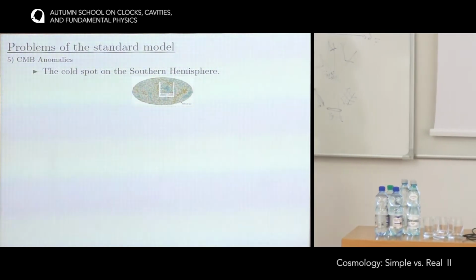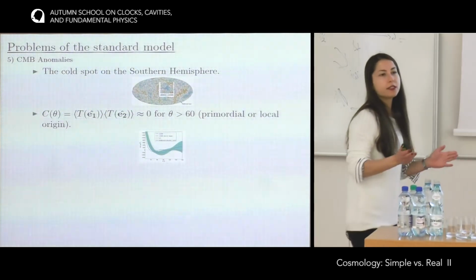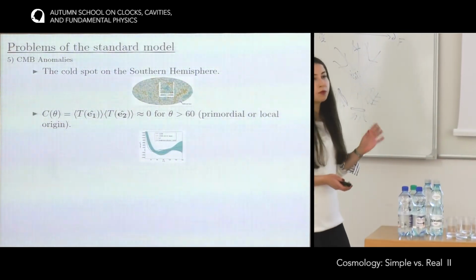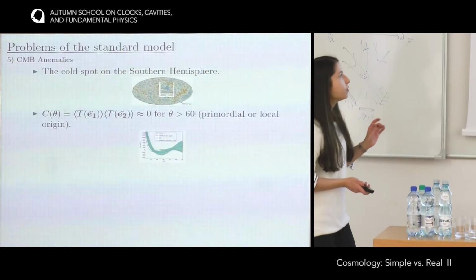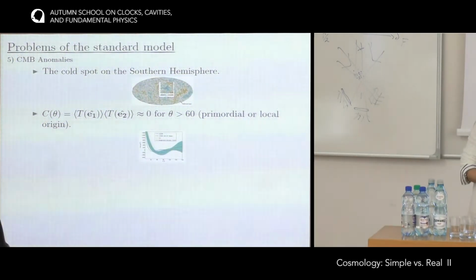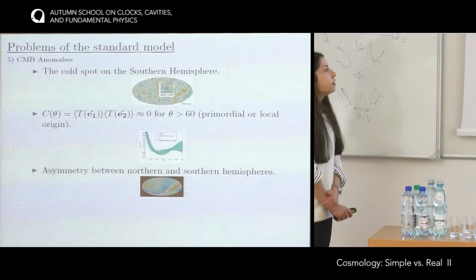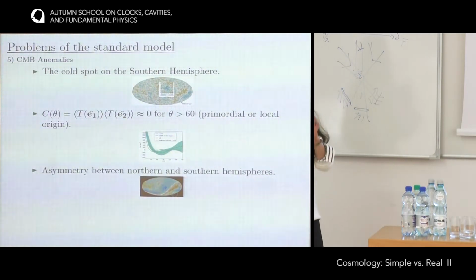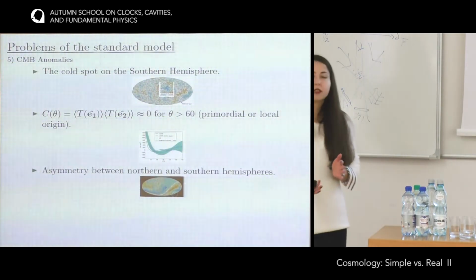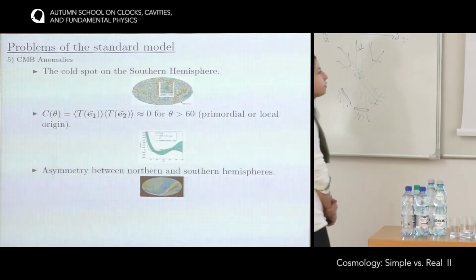So this is still puzzling. And at scales larger than 60 degrees, you see a drop in the correlation of the temperature. That can have a primordial origin or a local origin. People don't know. And there's an asymmetry between the northern and southern sky, and we still couldn't put a finger on what it really is about.